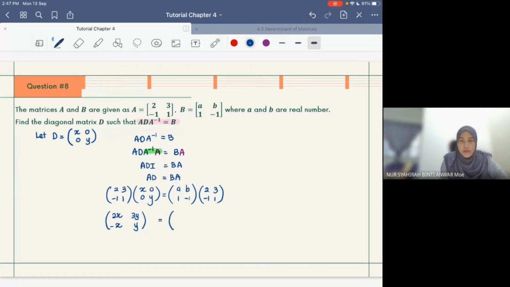Dan kita akan compare dengan yang belah kanan ni lah. Belah kanan ni dapat 2A tolak B. Bawah dia adalah 2 tambah 1. Second column will be 3A plus B. And here will be 3 minus 1. Okay. Now kita guna comparing.